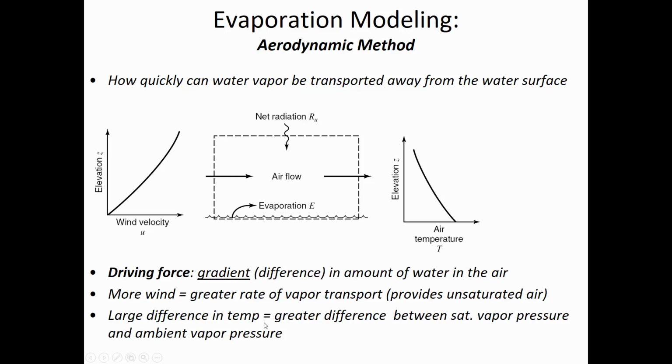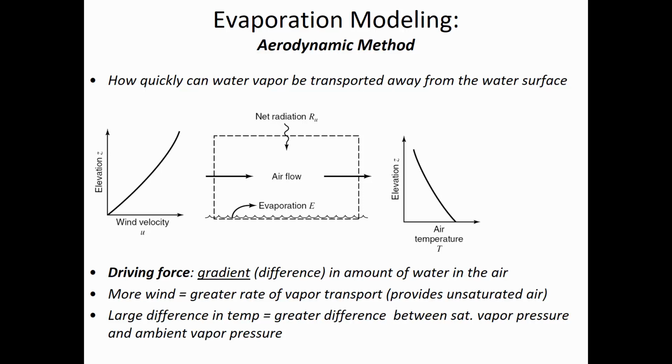And the more you have a large difference in temperature, the greater the difference is going to be between the saturated vapor pressure, which means how much moisture can be in the air, and the ambient vapor pressure. Vapor pressure is just a way of describing how much moisture is in the air.